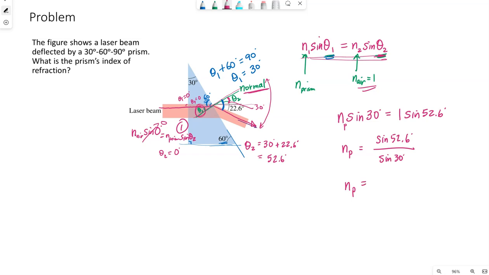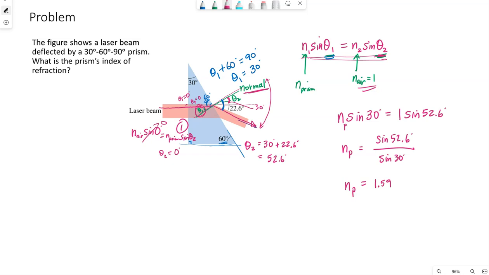So plugging this in, sine of 52.6 divided by sine of 30, I'm getting 1.59.